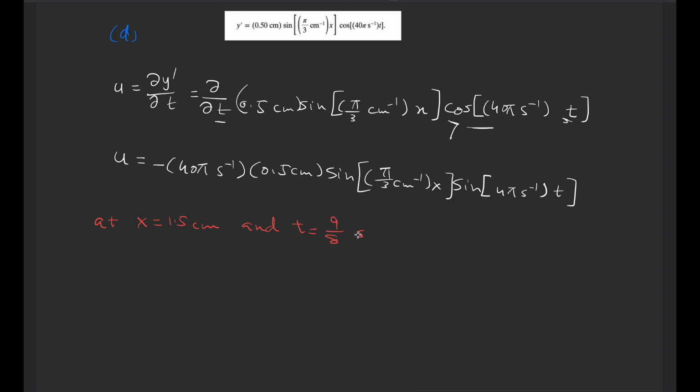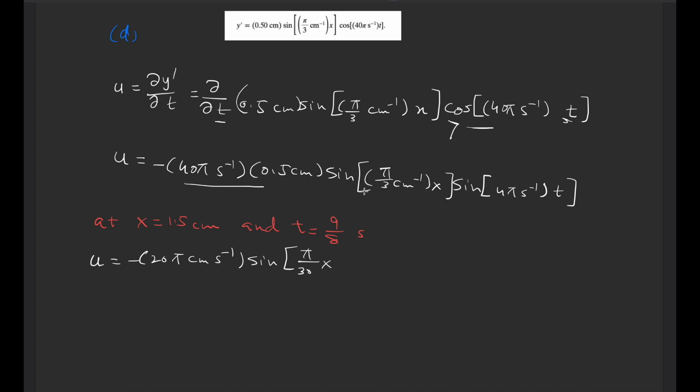So we will put these values into this equation, then u will be equal to minus 20 pi centimeter per second, because 40 into 0.5 will become 20 pi, sine of pi by 3 into x.